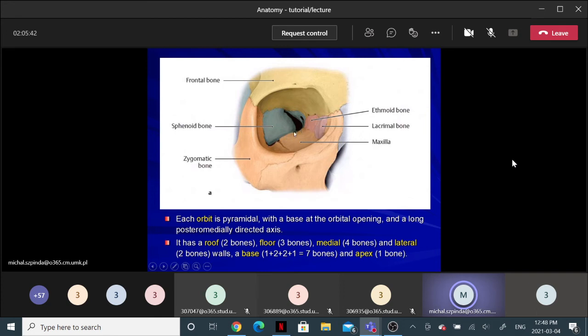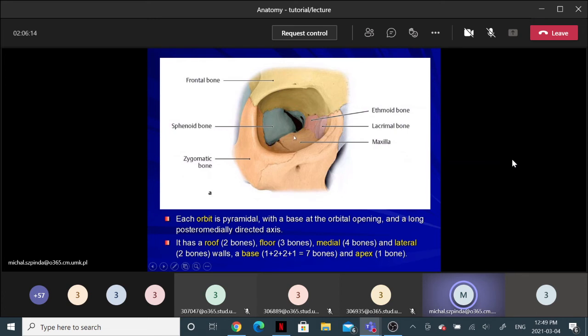It faces the external cranial base because it communicates medially with the pterygopalatine fossa, and laterally it communicates with the infratemporal fossa.